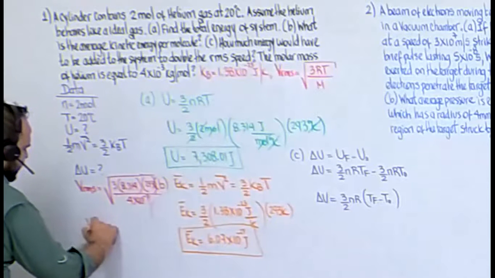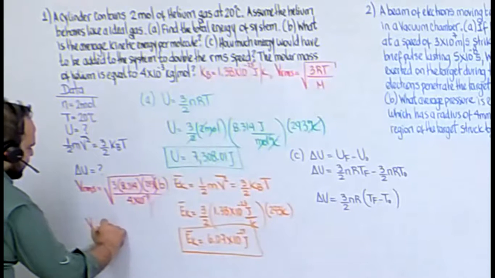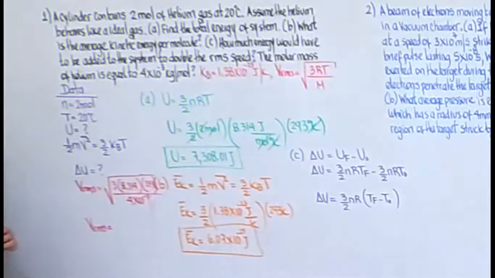So the root mean square speed, the original one in this case, will be given by the square root of 3 times 8.314 times 293, divided by 4 times 10 to the negative third power.